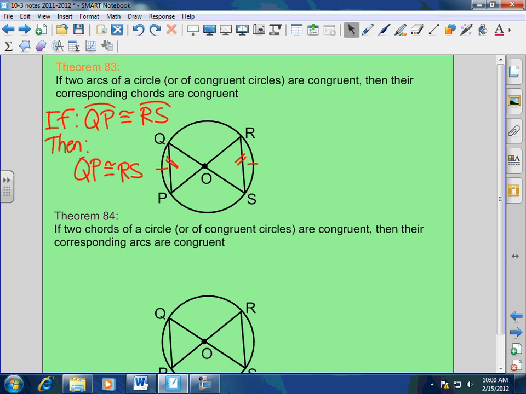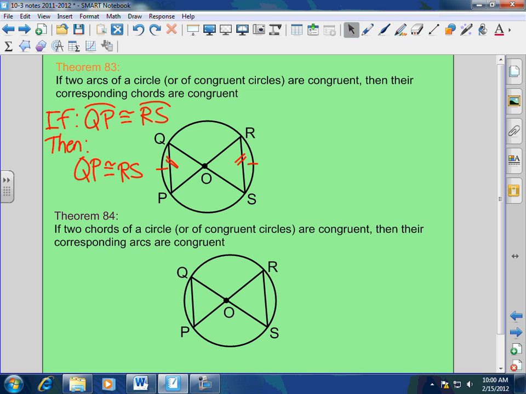And its converse is valid as well. If two chords of a circle are congruent, then their corresponding arcs are congruent. If chord QP is congruent to chord RS, then arc QP is congruent to arc RS.